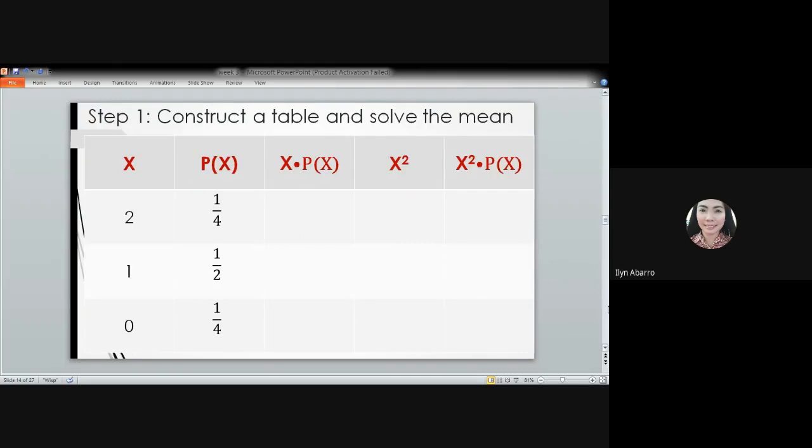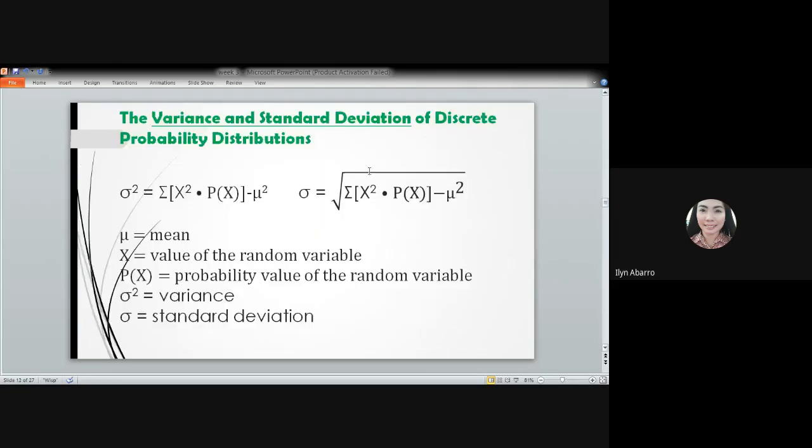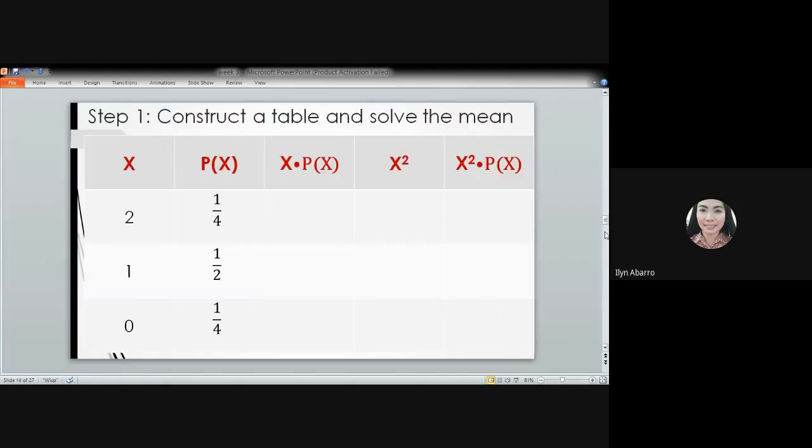Dapat yun, i-check nyo lagi yun para maging tama yung answer natin. Okay, let us proceed. As you can see in our formula, dapat you're going to get the x squared or the square of the random variable x and then i-multiply natin siya sa p of x.